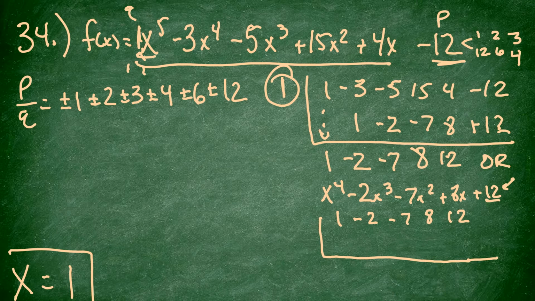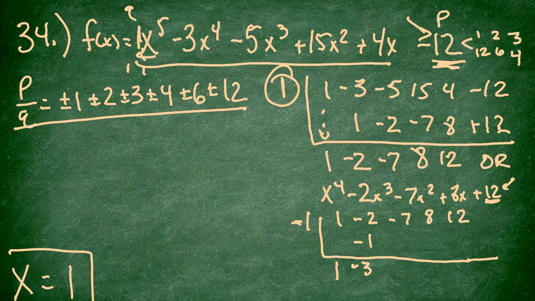Since the last number is the same 12 I have here, my list stays exactly the same. So this time I put negative 1 outside. Drop down the 1. Negative 1 is negative 1. Negative 3 gives me a positive 4. Gives me a negative 3.